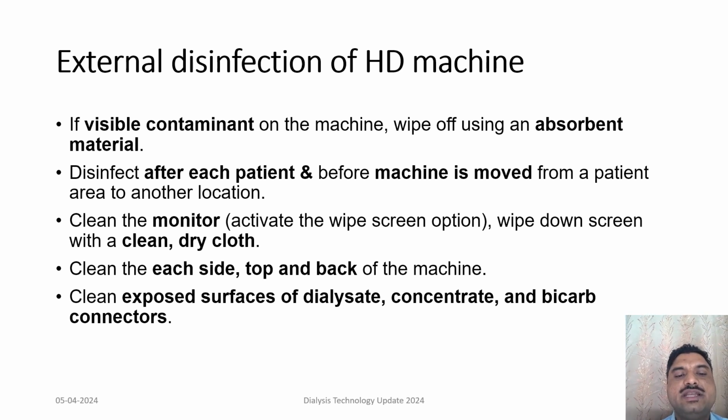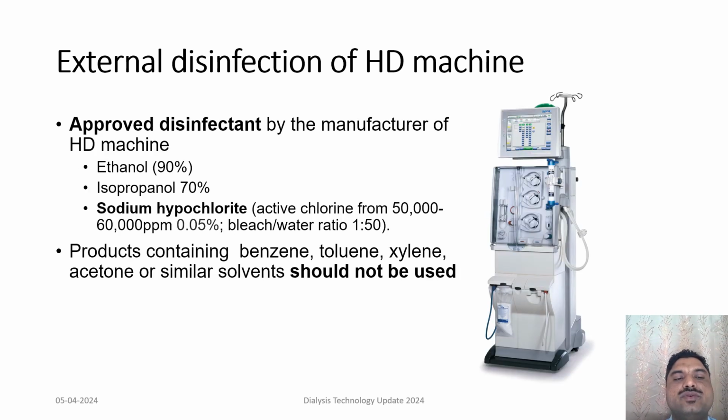One should also clean the side, top and back of the machine, and the exposed surfaces of the various connectors for the dialysate, and connectors for the concentrates and bicarbonate. The external disinfection has to be done with the disinfectant approved by the manufacturer.